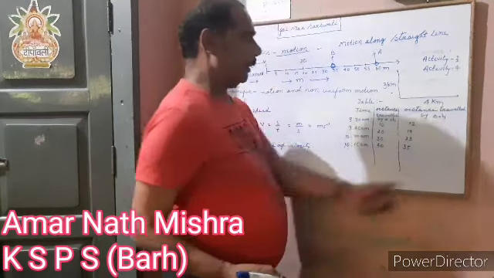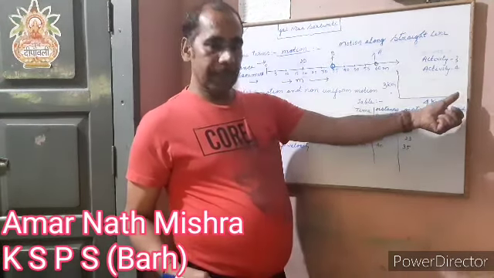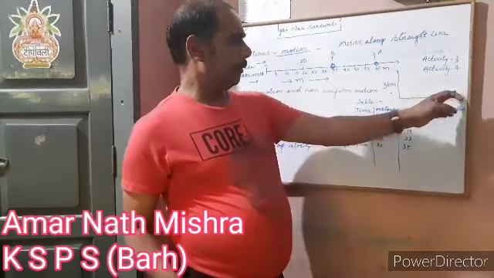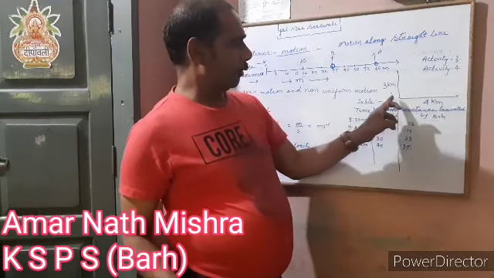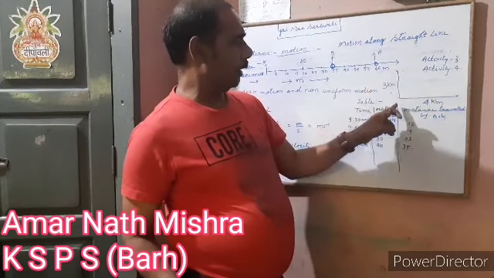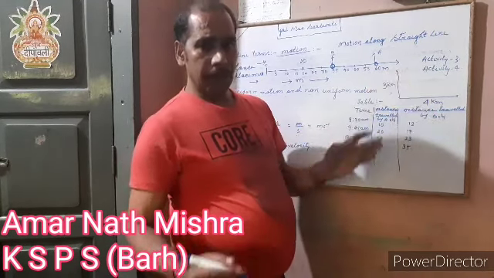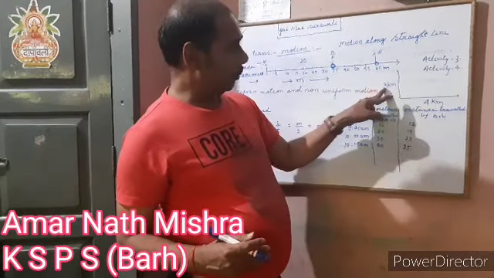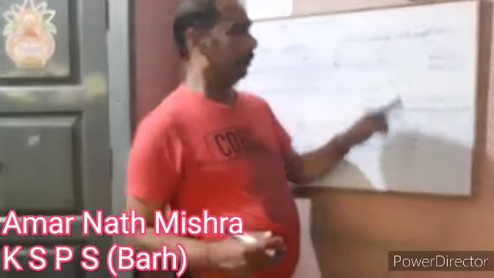If we measure with the help of a scale or rope, we will find that from this point to this point is 4 kilometers, and from this point to this point is 3 kilometers. The covered distance is 4 plus 3, which is 7 kilometers.